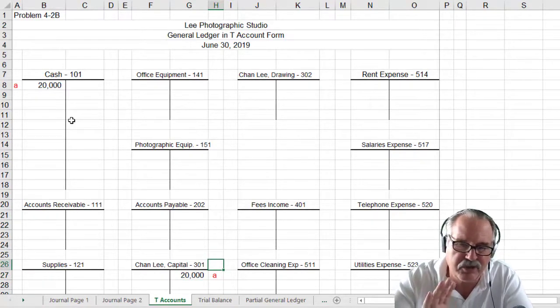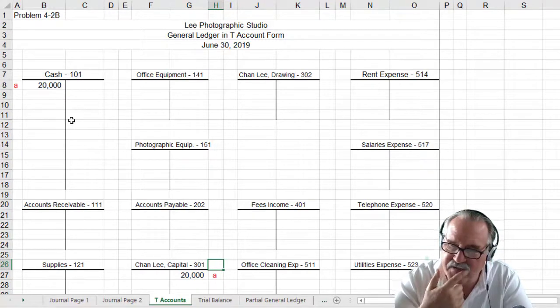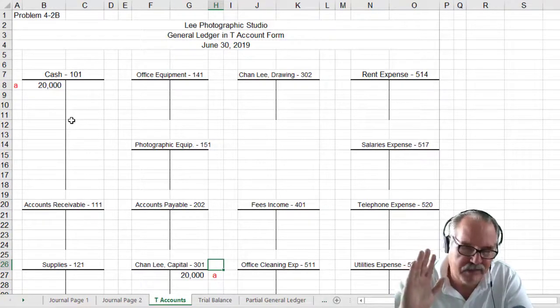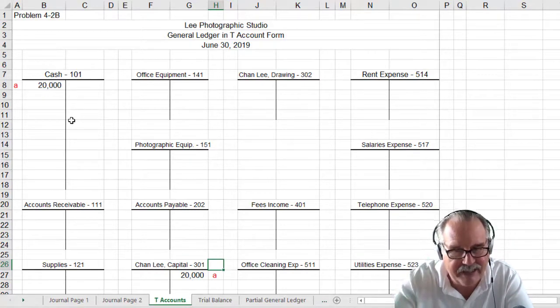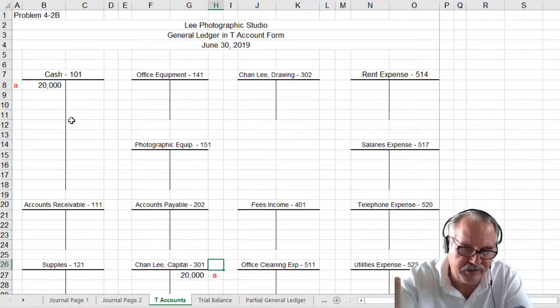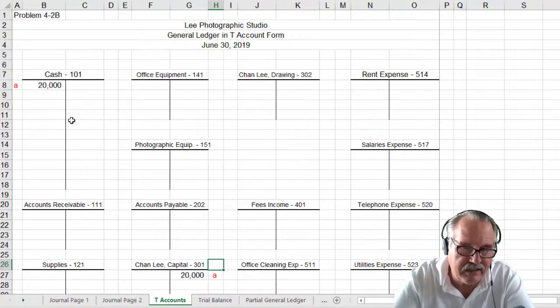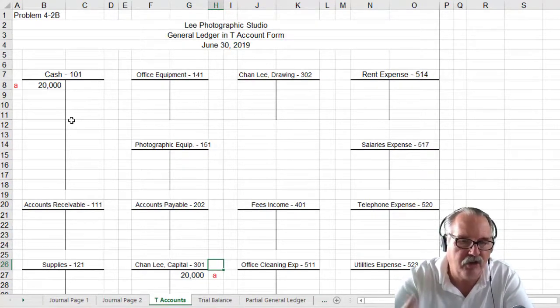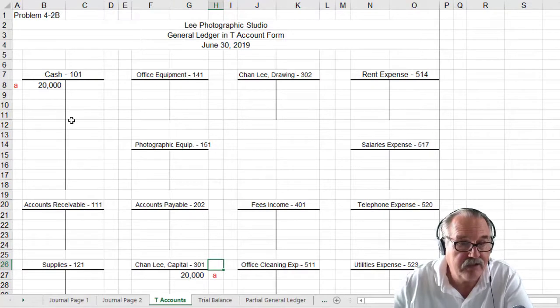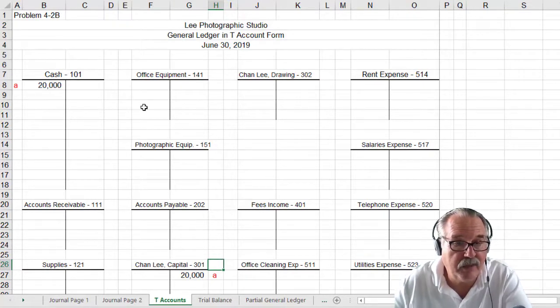And frankly, for virtually everything in this class for the rest of the semester, if it says general ledger, you can use T accounts. Now, you can't do that in Connect because Connect is preset up and I don't have any control over that. But for what you turn in to me, you can always use T accounts as a substitute for the general ledger.